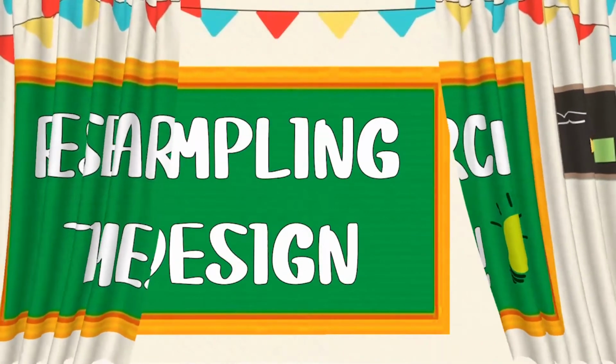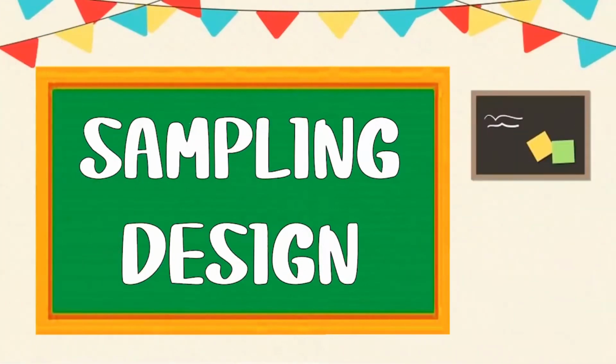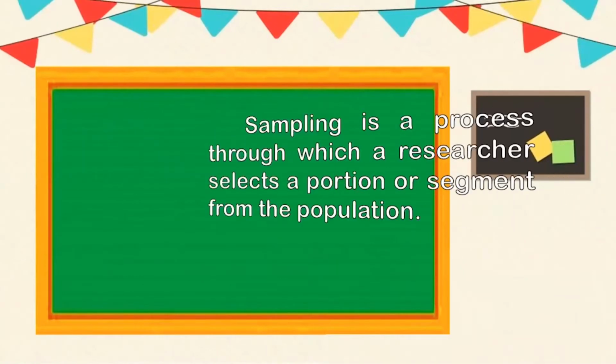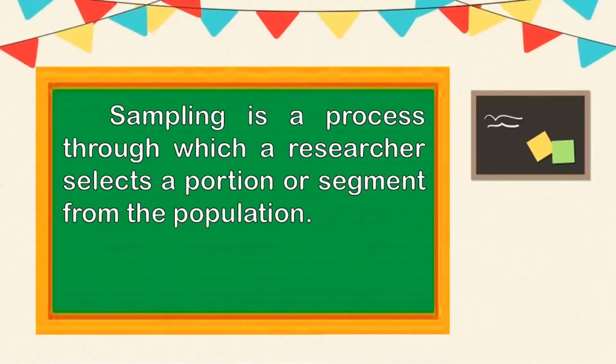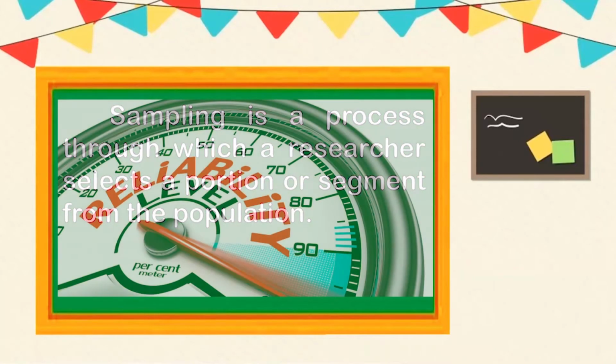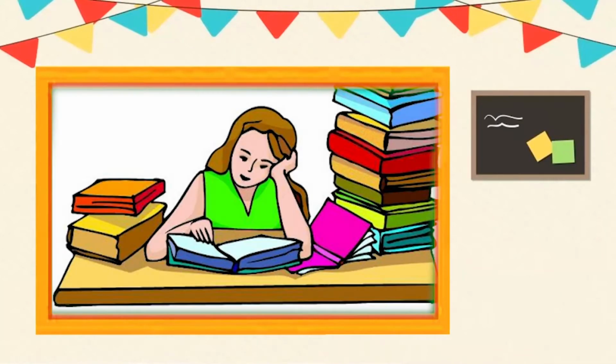Good job! Just like in research, we have this sampling design. Sampling is the process through which a researcher selects a portion or segment from the population. This means that in order for the researcher to have more reliable and valid results, he or she must ensure that the sample size is true enough to represent the population.